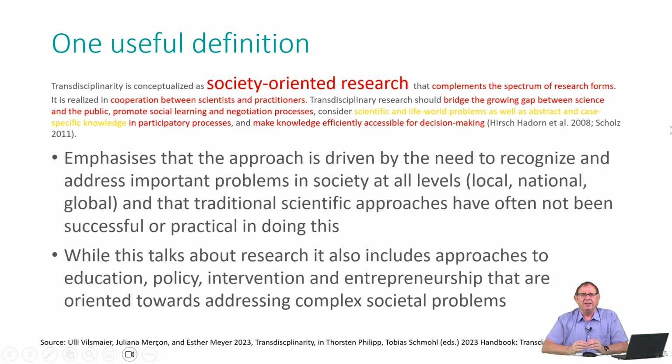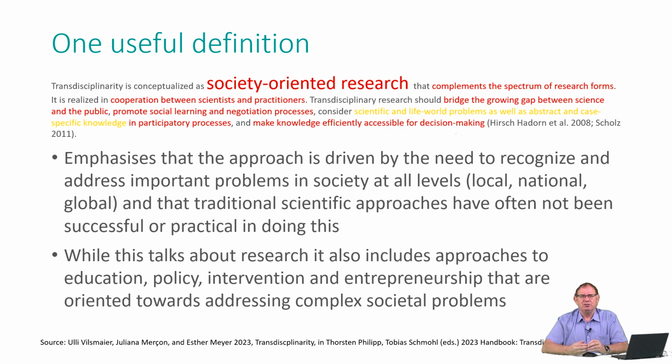So to start off with, this definition talks about transdisciplinary practice as society-oriented research. This emphasises that the approach is driven by the need to recognise and address important problems in society at all levels, local, national and global levels.